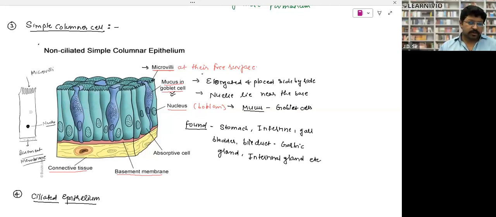Note down quickly. Draw this diagram which I have drawn, not this one. One more diagram.